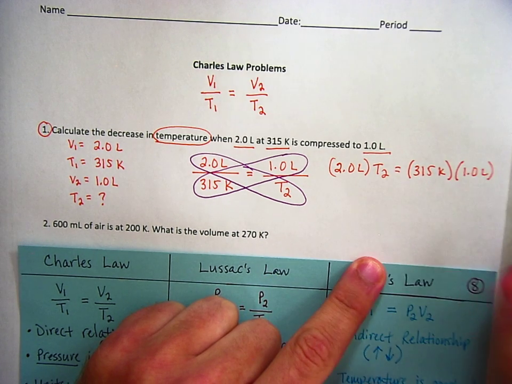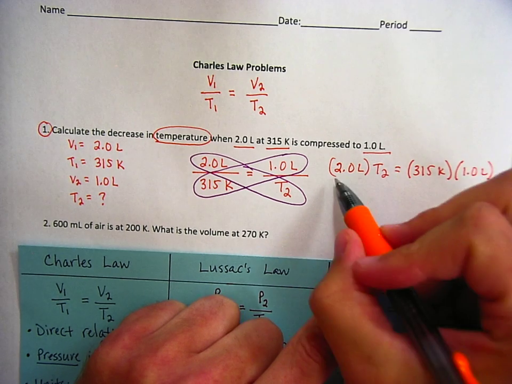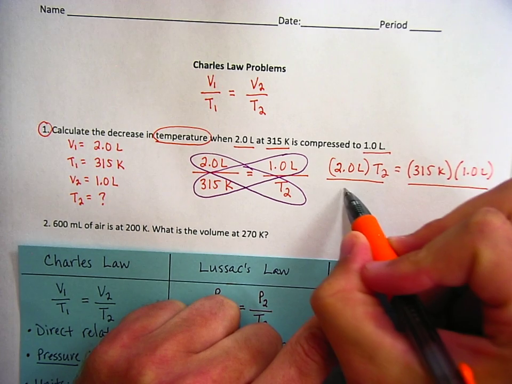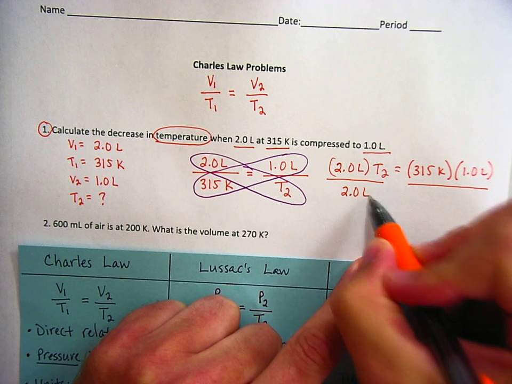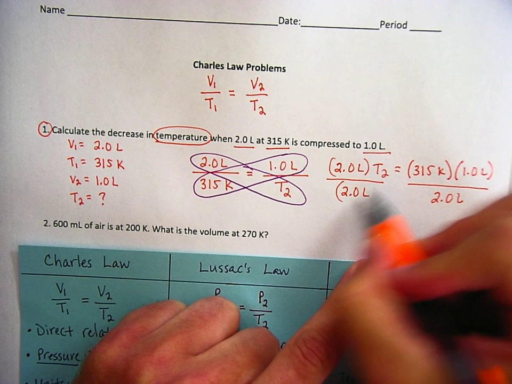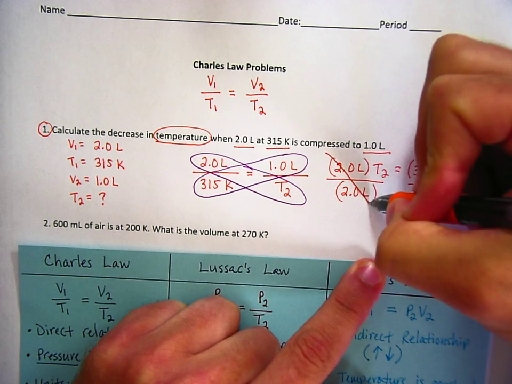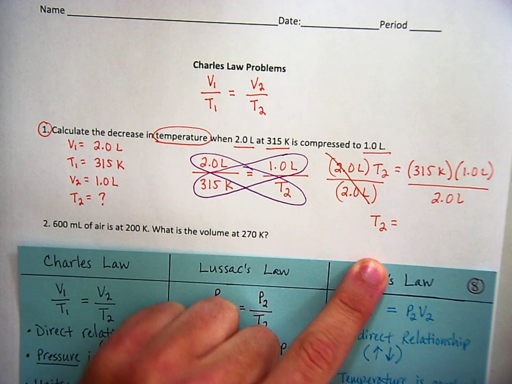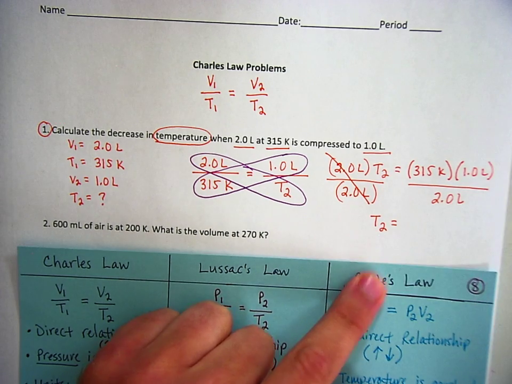So how do we do that? Well, we have to divide by 2.0 liters on both sides. So this is going to cancel out, and that leaves T2 by itself.